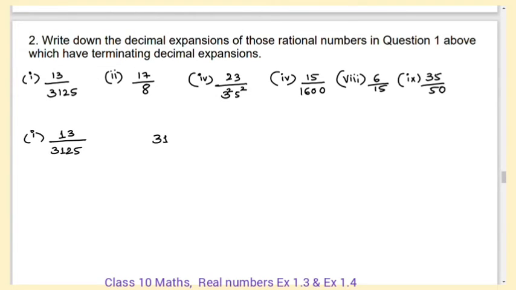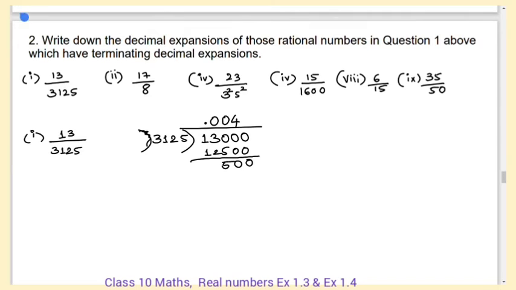So the first one is 13 by 3125. So divide 13 by 3125. Put a point, I will take a 0 added. Again it will not divide. Again you put 0. Likewise you get 2 zeros. Afterwards multiply with 4. It is 12500.